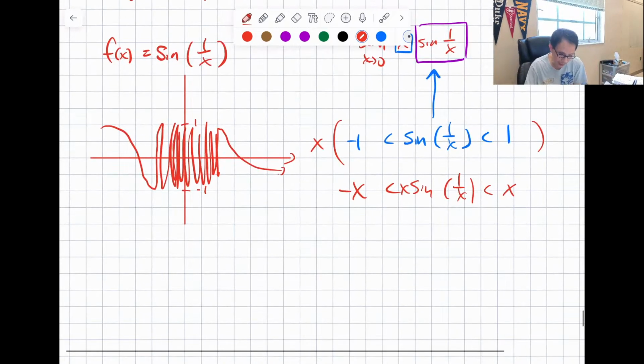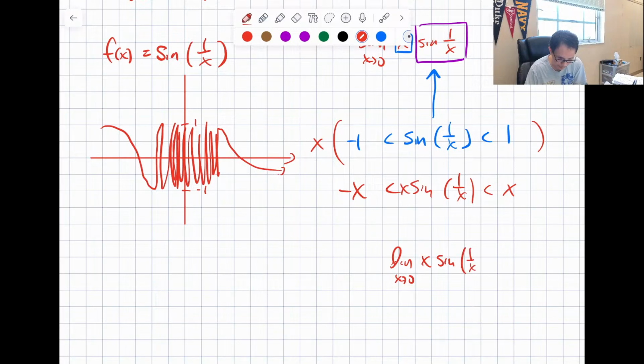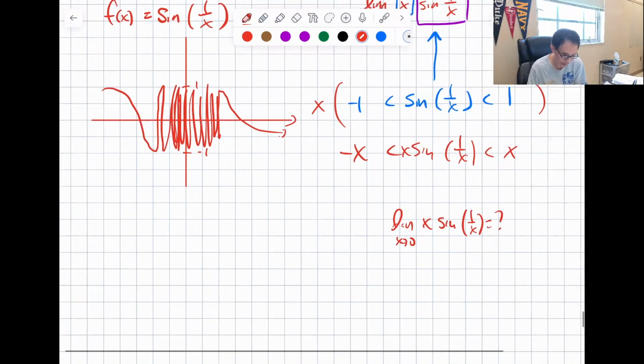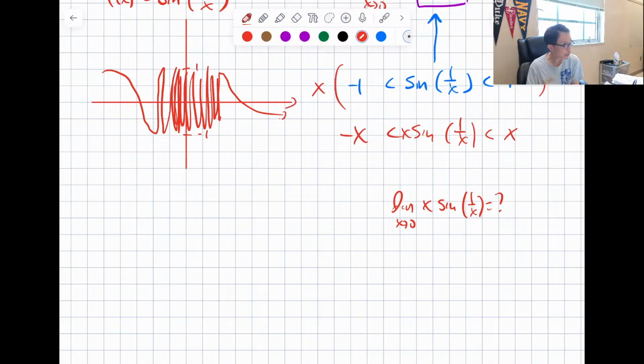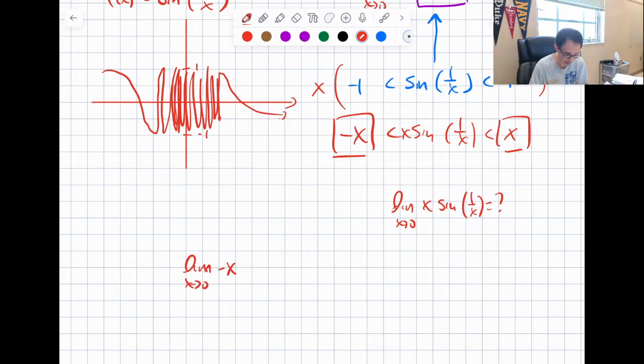Since the question is asking, what is the limit as x approaches 0 of x sine of 1 over x? We say we don't know. But what we can do is go to the upper bound and the lower bound. Let's take the limit as x approaches 0 of negative x.